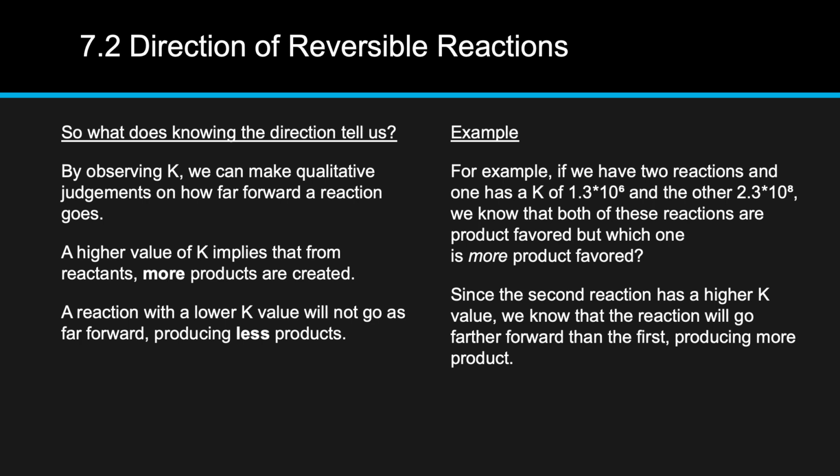So for example, if we have two reactions and one has a K value of 1.3 times 10 to the 6th, and the other has a K value of 2.3 times 10 to the 8th, we know that both of these reactions are product favored because they're greater than 1, but which one is more product favored? Since the second reaction has a higher K value, we know that the reaction will go farther forward than the first, which will produce more product.